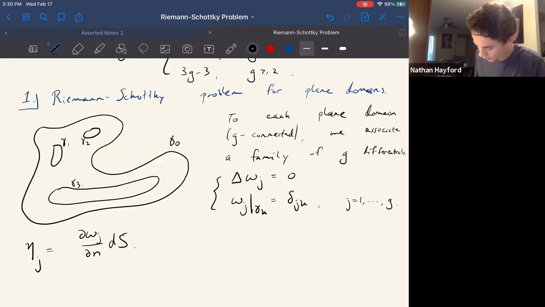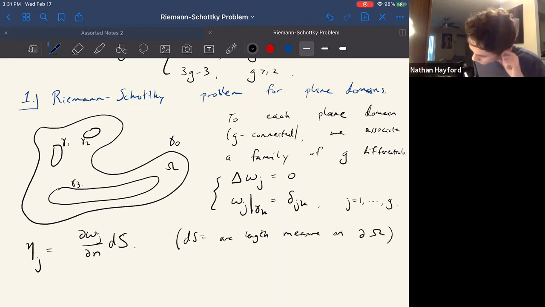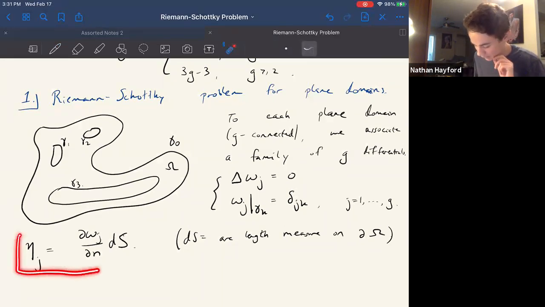ds is the arc length measure on the boundary of this domain, which is going to be for us omega. So it's, I'll say, a relatively easy fact to verify that these differentials are linearly independent.